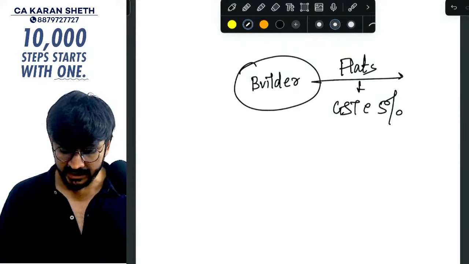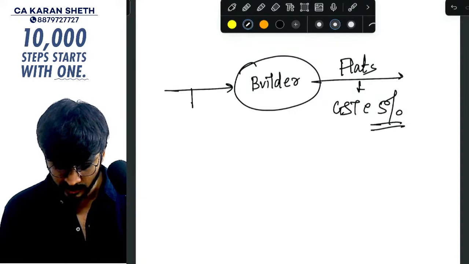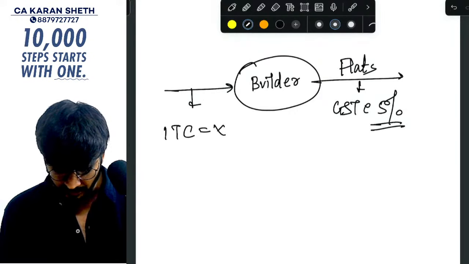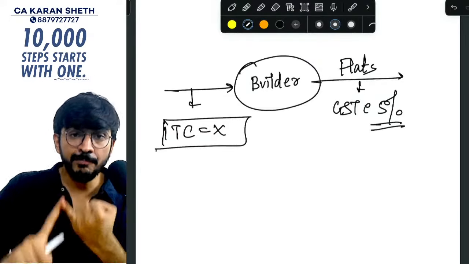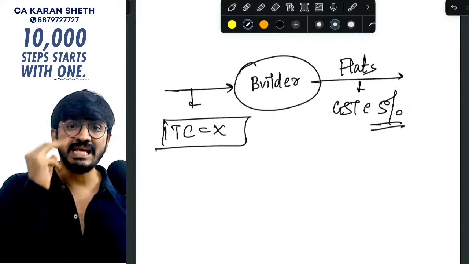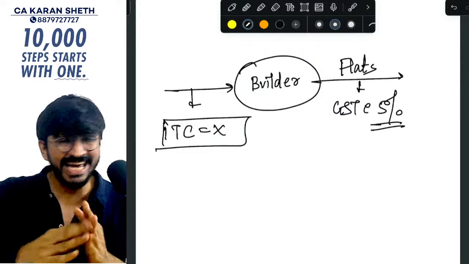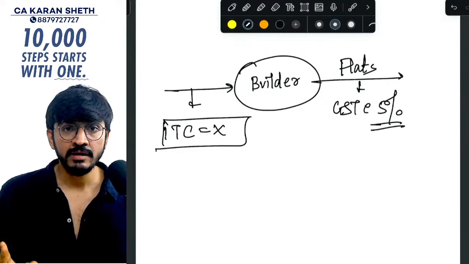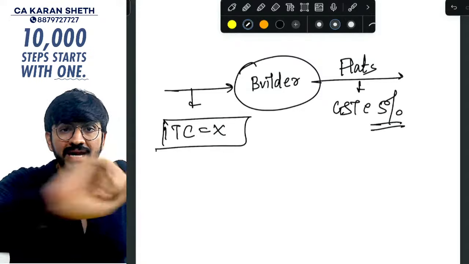So your output tax rate is 5%, but understand, my dear friends, there is no ITC. No input goods, input services, input capital goods. You will get ITC of nothing, absolutely nothing. Got it? Output tax rate is 5%, but ITC you will not get anything.